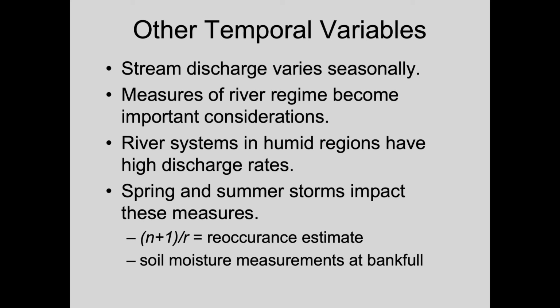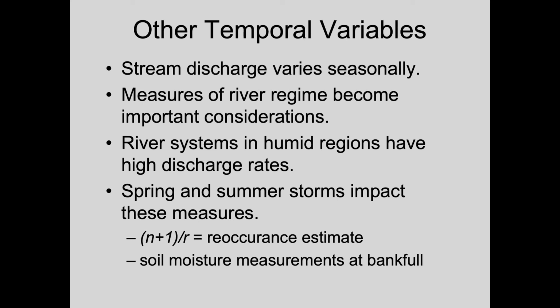Generally, it's a temporal expression of storm and precipitation magnitude as it relates to long-term patterns in the environment. So they're comparing extremes to what is understood to be common or everyday occurrences within a system of flow. In this case, we have an equation that is generally utilized in the field, n plus 1 over r.